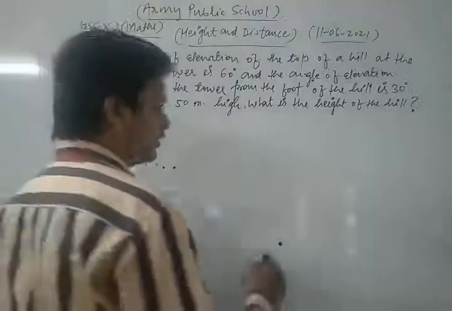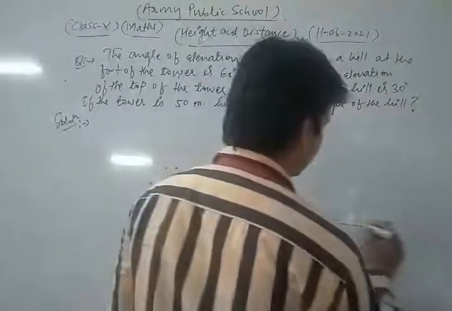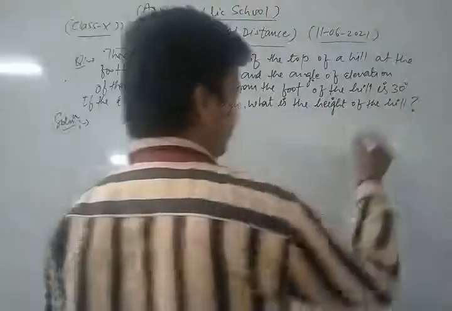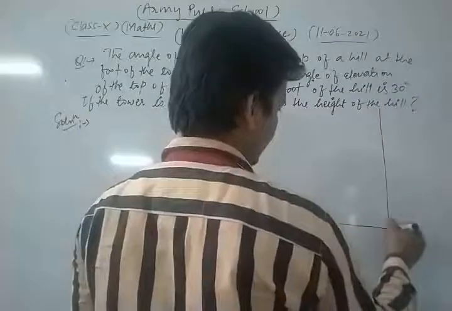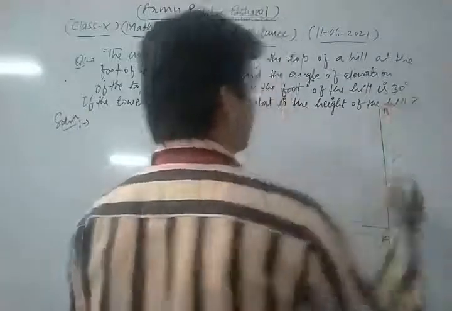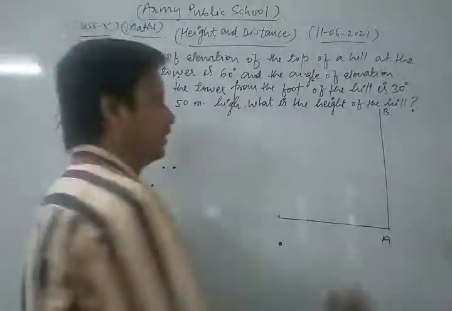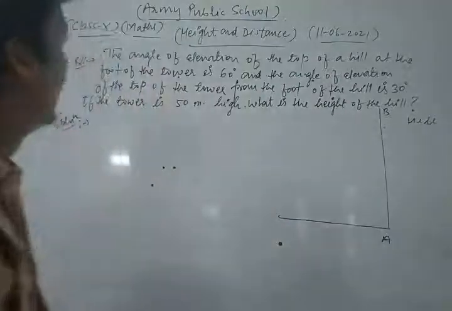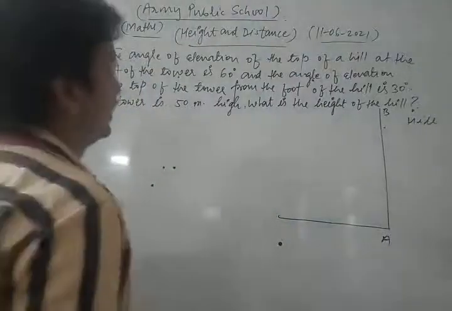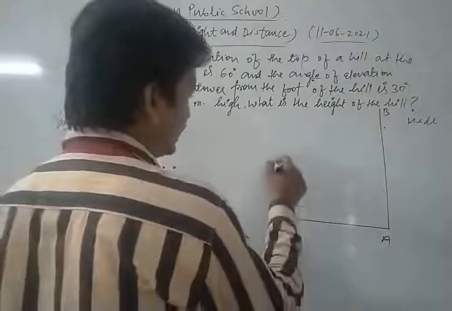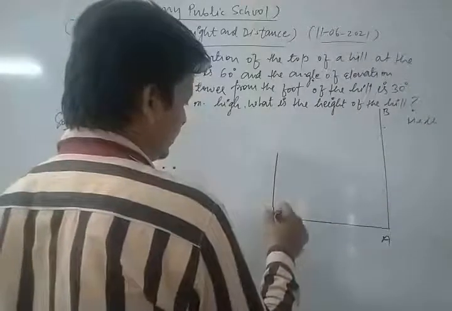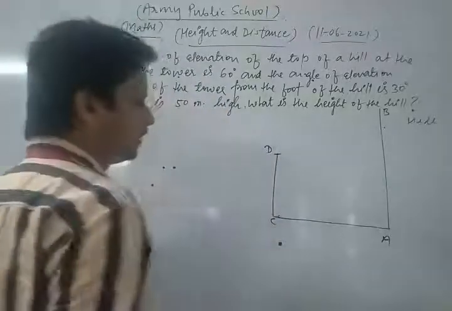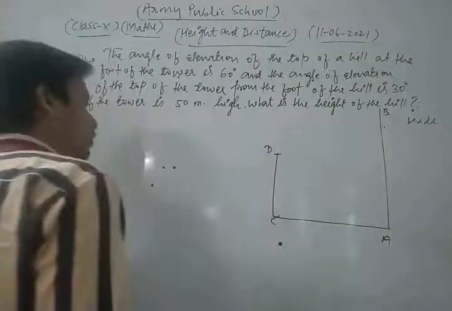So first of all, we draw a horizontal surface. Suppose this is AB, the hill. AB is the hill. Now, the angle of elevation of the top of the hill at the foot of the tower: let us say this is the tower, this is the top of the tower, and this is the foot of the tower.